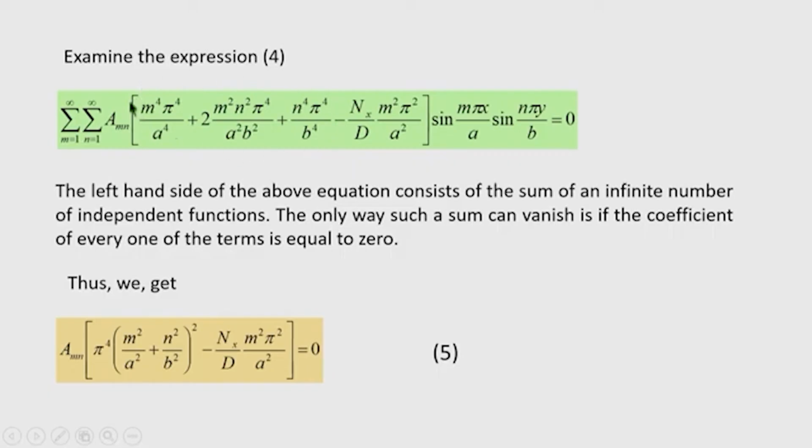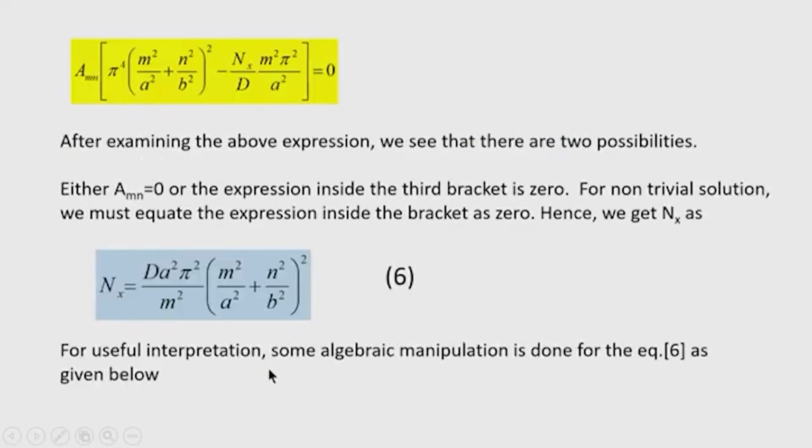These three terms can be combined to give a term, say (m^2 π^2 by a^2 plus n^2 π^2 by b^2) whole square, and if I take π^2 outside, then I will get π^4 here, and here it will be (m^2 by a^2 plus n^2 by b^2) whole square, and this term remains as it is, minus N_x by D, m^2 π^2 by a^2.